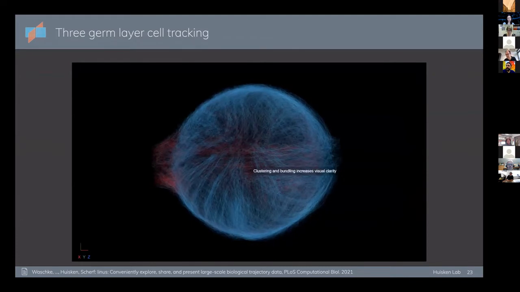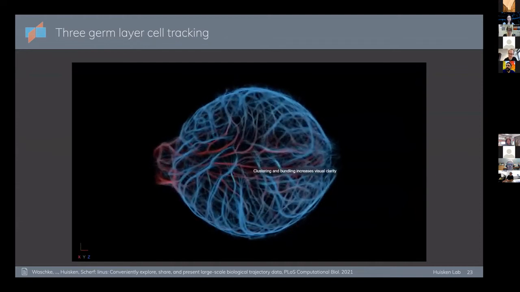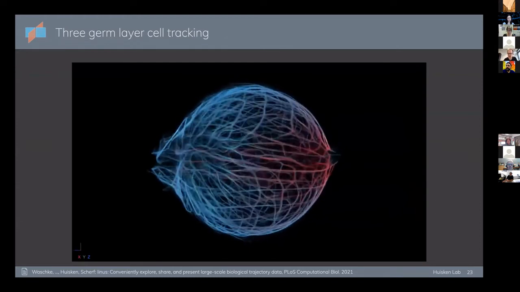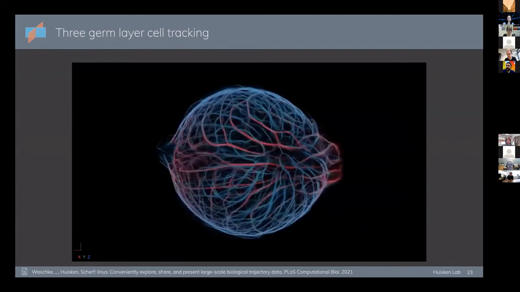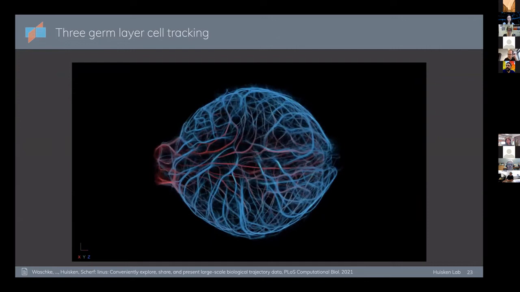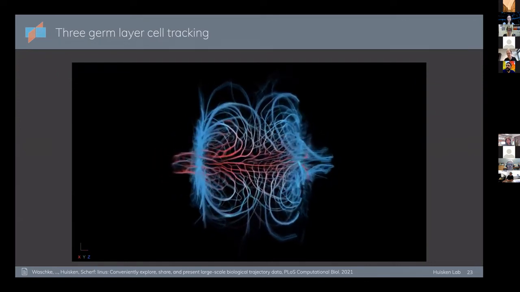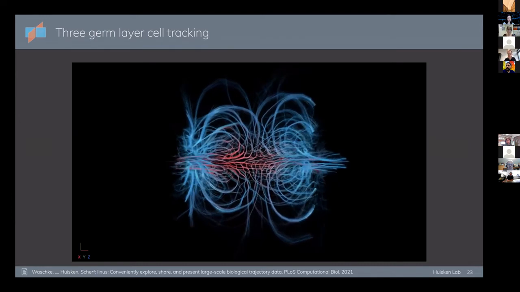So instead of looking at this noisy data set, we can identify where the cells are actually mainly moving and condense these tracks onto these highways. So we can see which direction the cells are primarily taking, and we can also unfold the data again in this Mercator projection to reduce the dimensionality of the data.